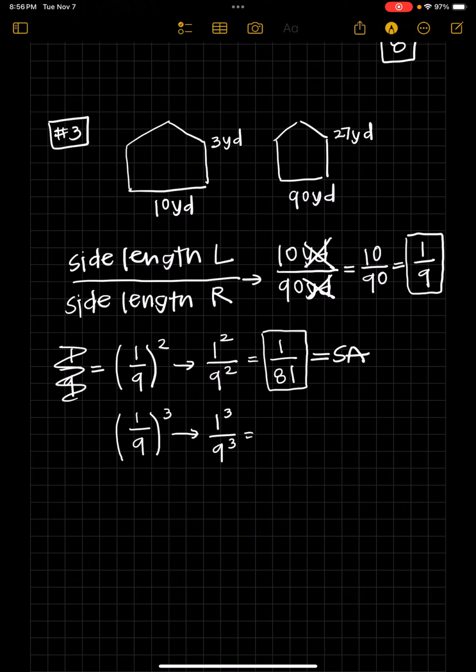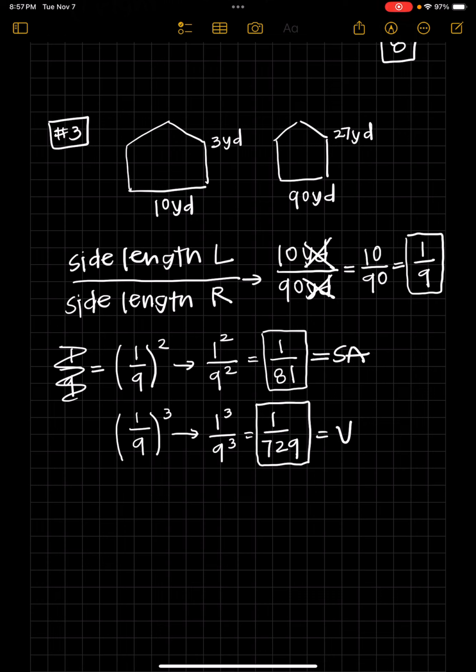And we know that 1 cubed is 1, and then 9 cubed is 729. And so the ratio of my volumes is 1 to 729, which means that to get from one volume to the next volume, I'd have to divide by 729 or multiply by 1 over 729.